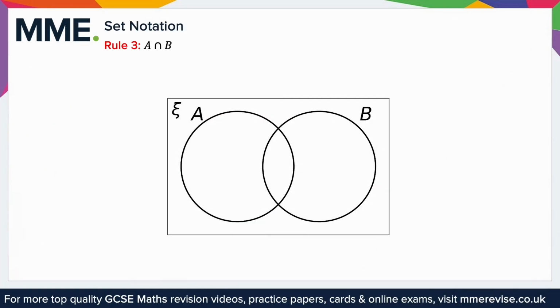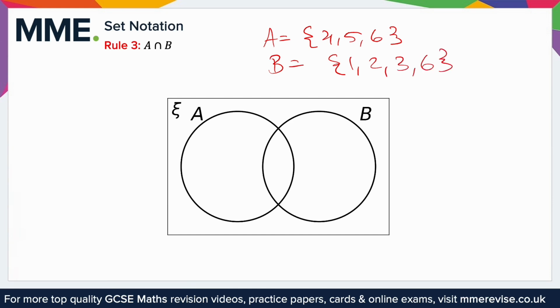This piece of notation means A intersect B. So it contains all of the numbers that are in A and in B. What I mean by that is if A was the set 4, 5, 6, and B was the set 1, 2, 3, 6, then A intersect B, A cap B like a little n in the middle, would be the numbers that are in both.